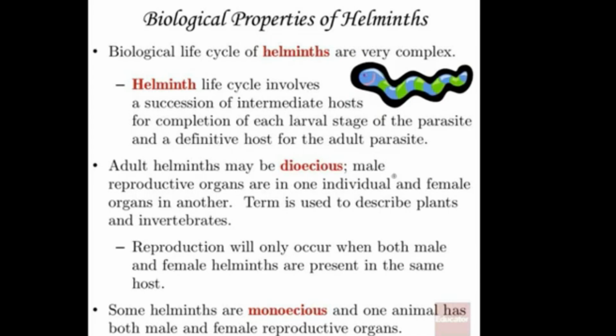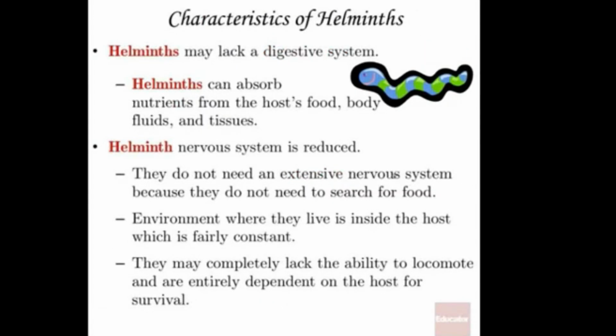But then these helminths also have a monoecious stage where both the male and female organs are actually in the same organism. So in terms of reproduction in the human host, it can really only occur when both the male and female are present in the same location in the same human host. That's very important.